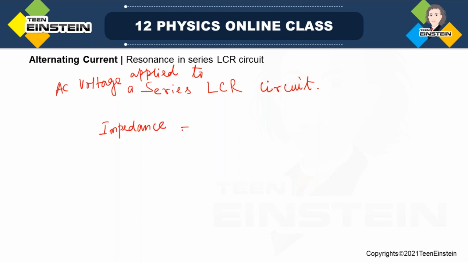That is denoted by Z, and this is equal to the square root of R square plus (omega L minus 1 by omega C) square. XL means omega L, obviously. So this is inductive reactance and this is capacitive reactance.